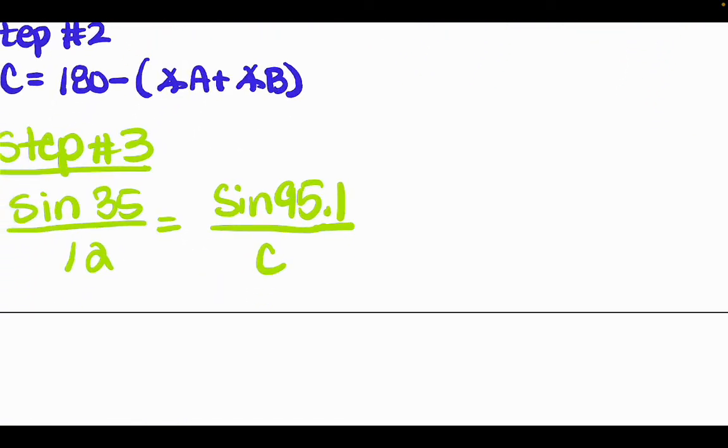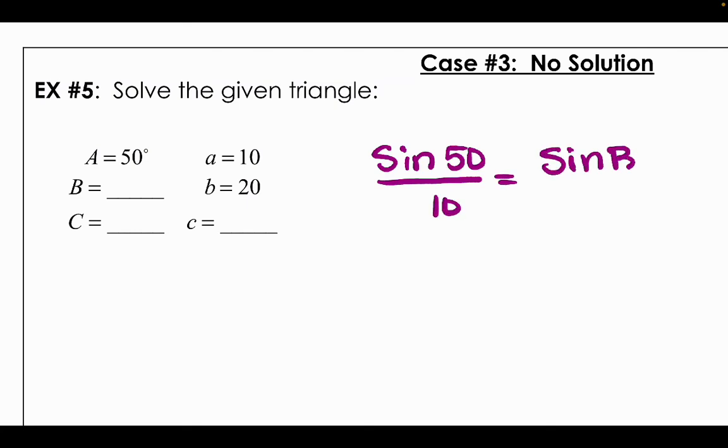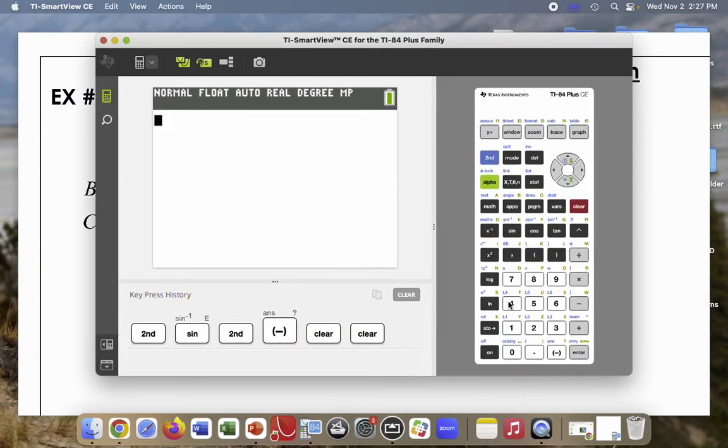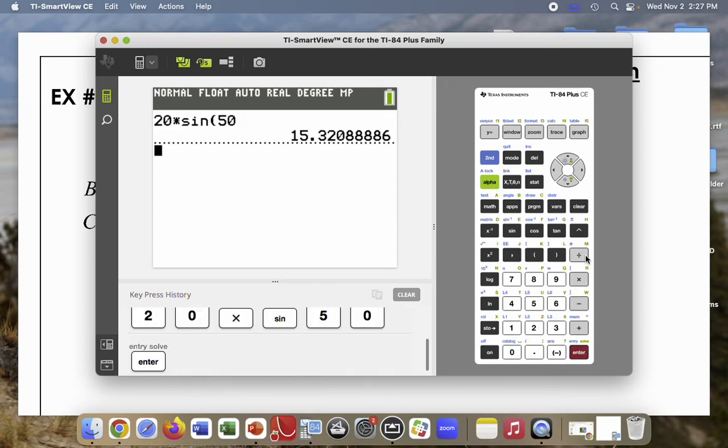And then this last example, friends, let's just quickly look at this because it takes only a second to set up. When you set this up to initially solve the first triangle and you're trying to find angle B, when I go to do this in my calculator, I'm going to do 20 times the sine of 50, and then I'm going to divide that by 10, okay?